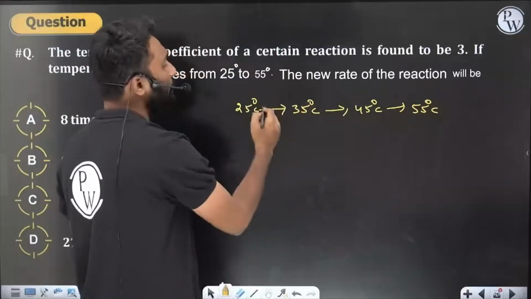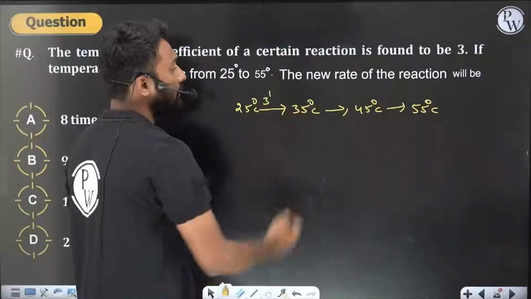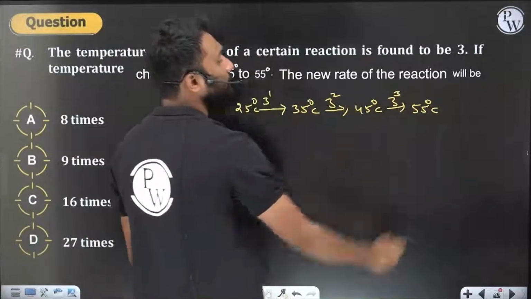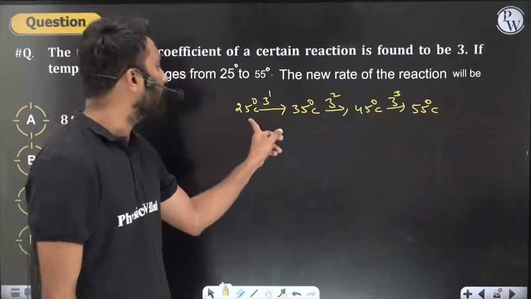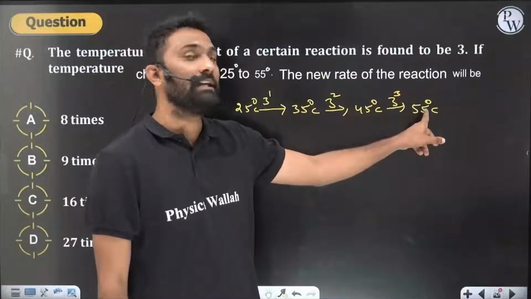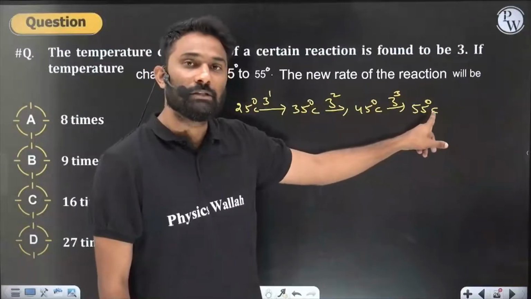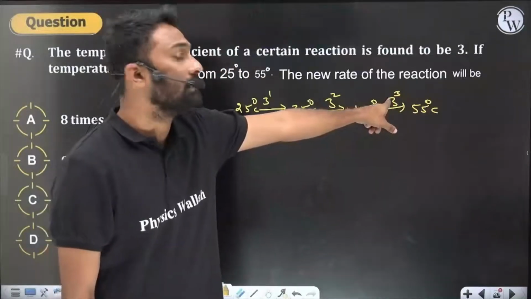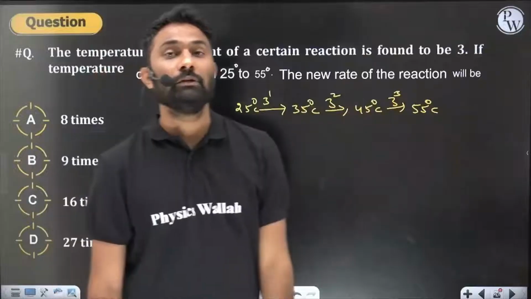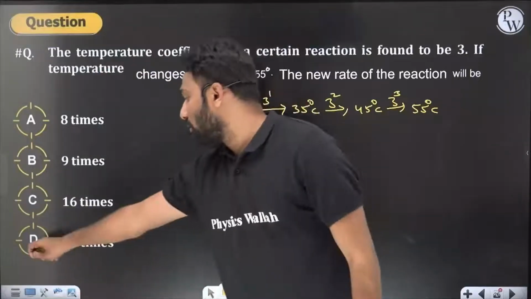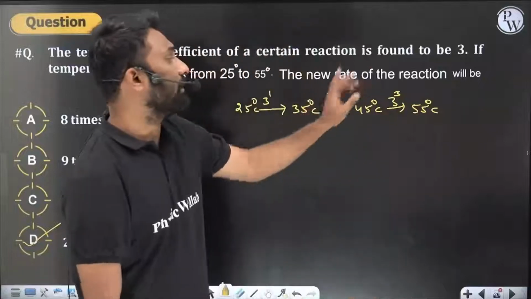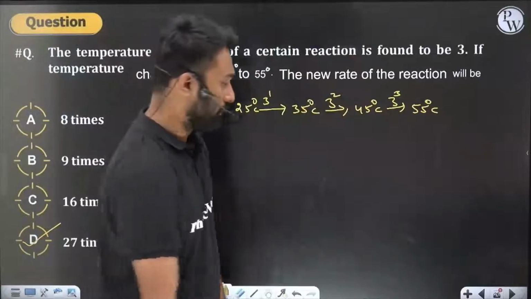Each time it is 3 to the power 1, then 3 to the power 2, then 3 to the power 3. From 25 degree to 55 degree, how many times is the rate of the reaction increasing? 3 to the power 3, which is equal to 27 times. So the new rate of the reaction will be 27 times. Okay.